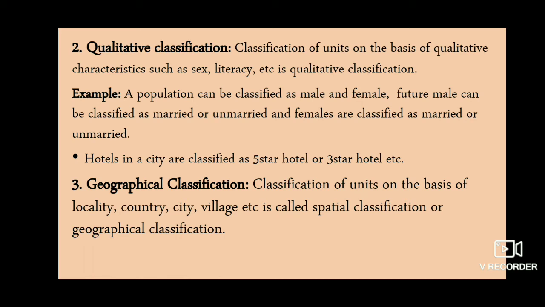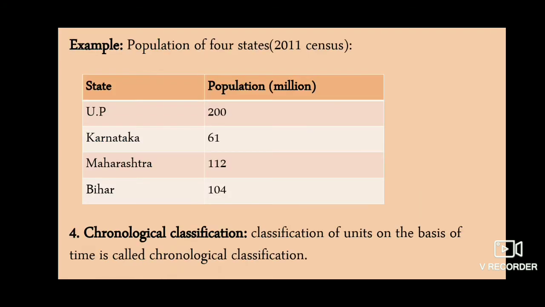The third type of classification is geographical classification. Here the units are classified on the basis of locality, country, city, village, or urban and rural areas, etc. This type of classification is known as spatial classification or geographical classification. Here you can take an example of the population of 4 states.